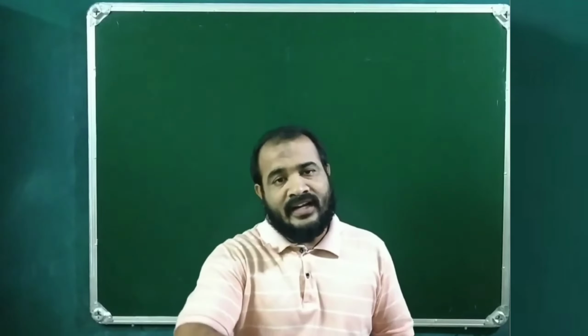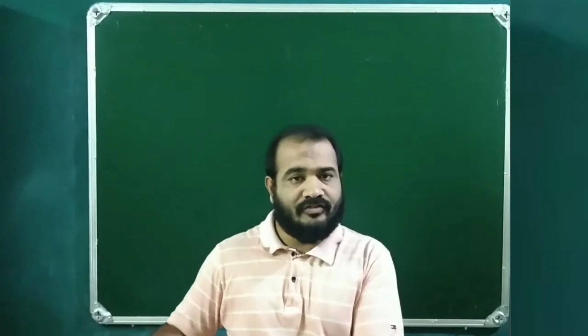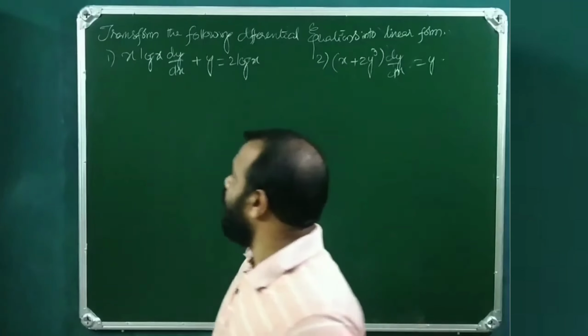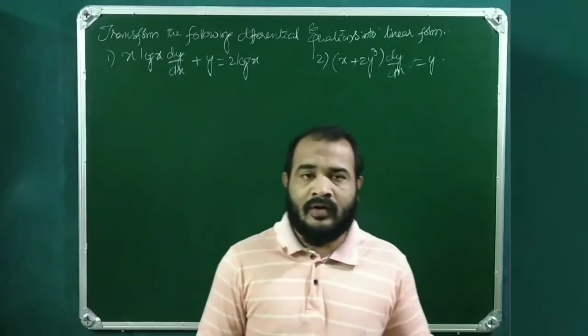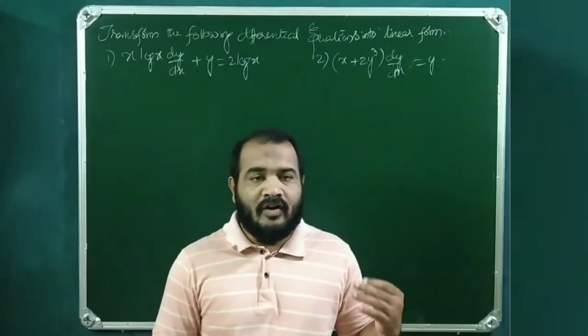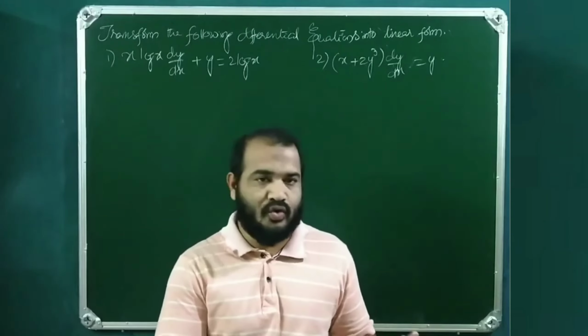After you get in touch with this concept, then we will proceed with the Bernoulli's differential equation. So first, these are the problems from pages 347, 348, 349 and 350 of the textbook.